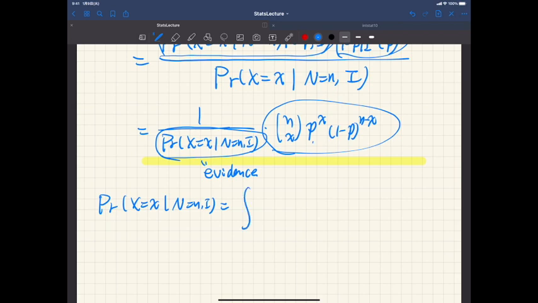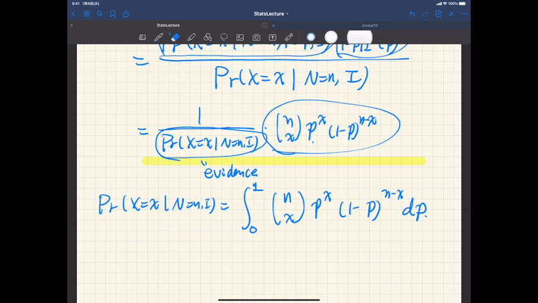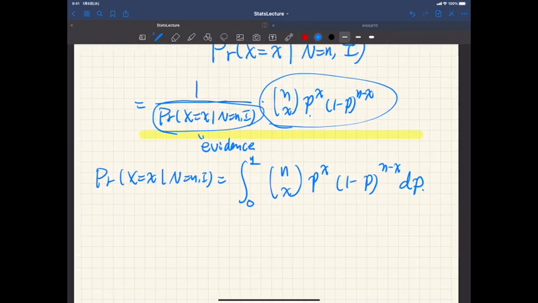In this case, p varies from 0 to 1. So n choose x, p to the x, 1 minus p to the n minus x dp. Since p is a continuous random variable, we integrate over p.